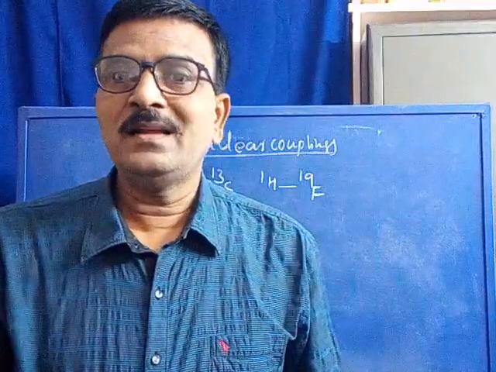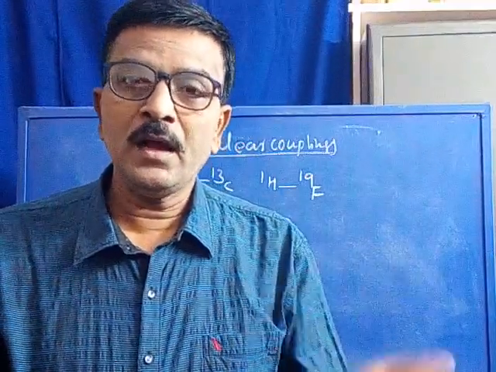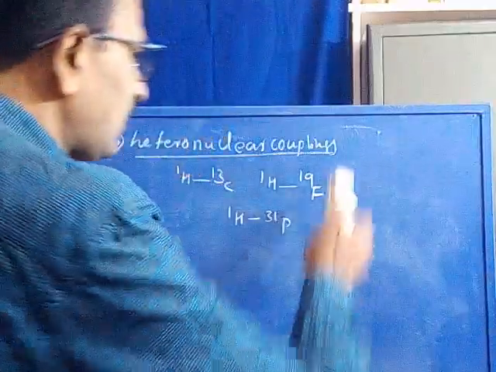So based on the nature, there may be homonuclear coupling or heteronuclear coupling. Further, based on the nature, we have two types of coupling, homo and hetero. Now further, based on the number of bonds between the coupled protons, there may be one bond, two bonds, three bonds, or four bonds.